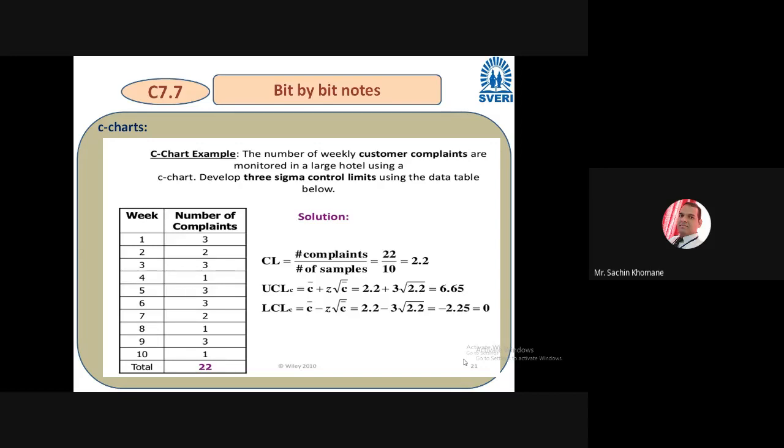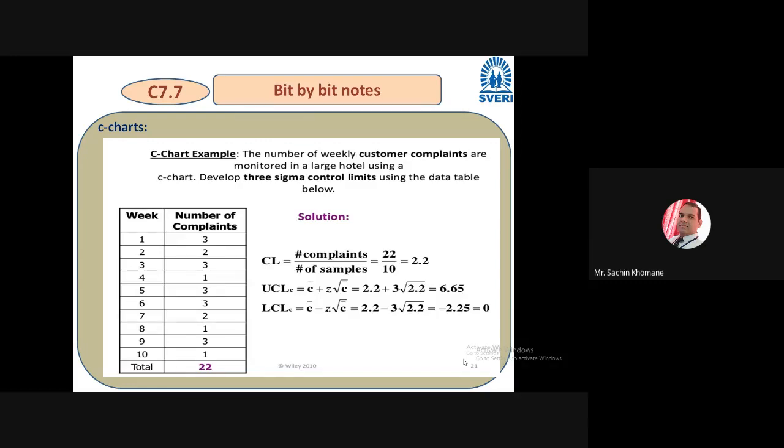You have to neglect things at a certain level. One mistake, one error, no problem, but if it is going beyond that, you have to take corrective action. Getting it? So this is the significance of all the charts which we have discussed, like the C chart.